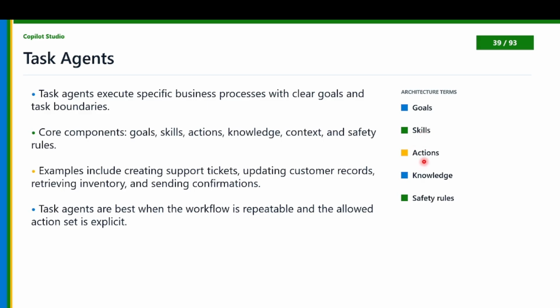We have actions. You should define the actions the agent should do step by step, sequentially, but you can also be parallel. Make sure the actions are well and clearly defined. Then we have knowledge. You also have the source of knowledge that you can use to augment the agent's instruction to protect against hallucination. You already have actions defined, and skills given to the agent in the form of a prompt or maybe a skill file.